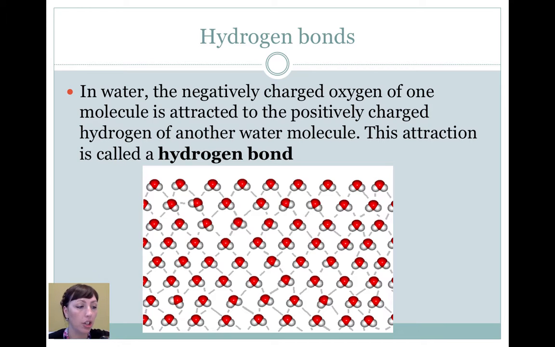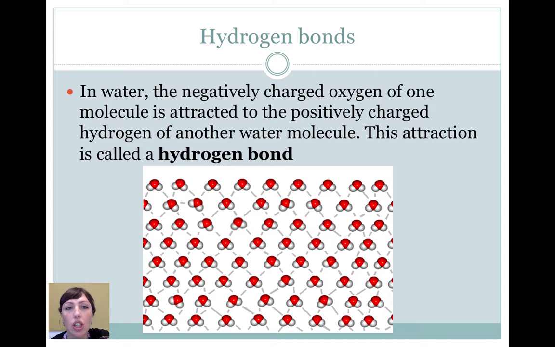So hydrogen bonds. We've learned that hydrogen bonds can form between atoms with a partial charge. So if I have an atom here with a partial positive charge, and I have an atom over here with a partial negative charge, you can form a hydrogen bond between these two atoms. So in water, the negatively charged oxygen of one molecule is attracted to the positively charged hydrogen of another water molecule.